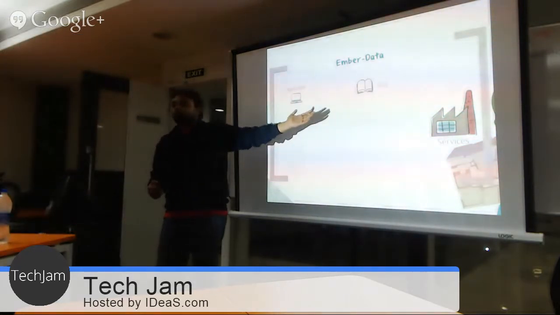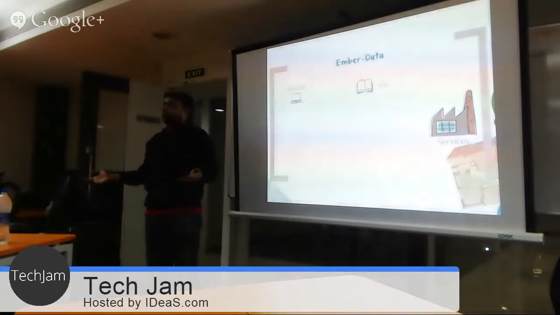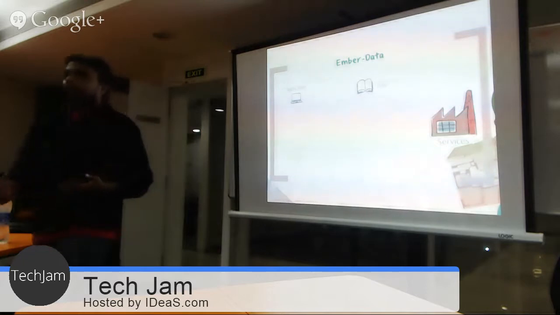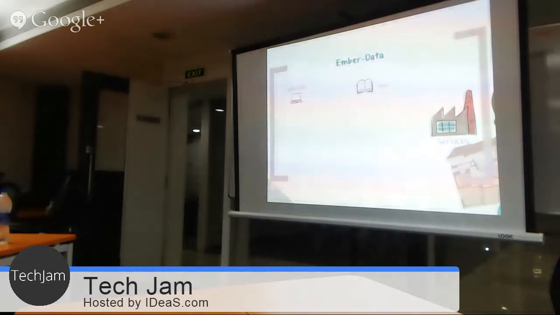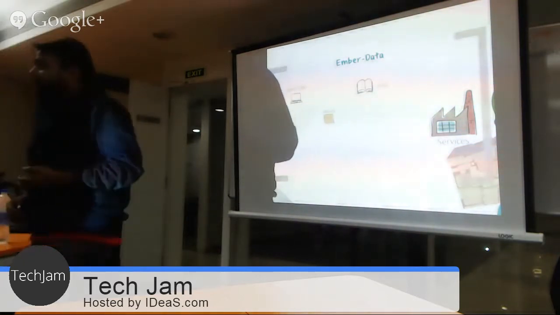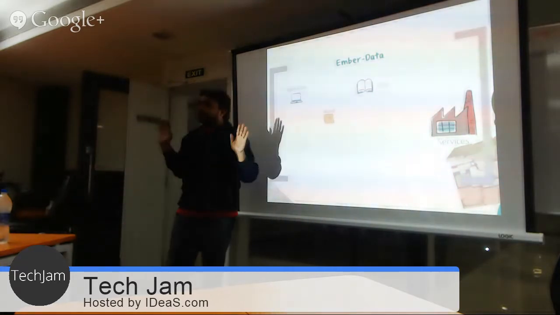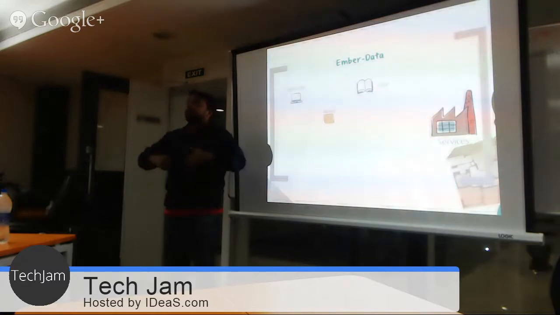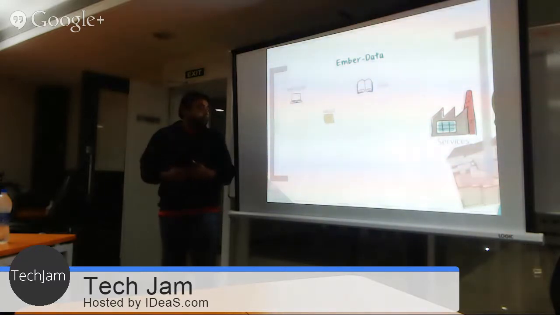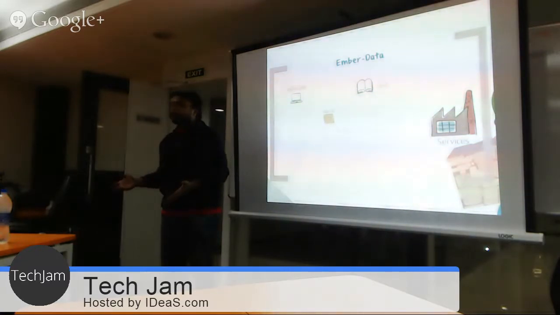Let's assume it's a book, just a lot of pages. That's what we're going to call a store. Now let us understand a record. A record is a page. We keep it plain and simple. We'll get into depth later.